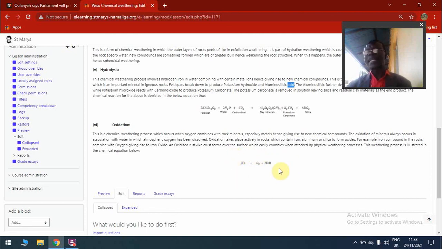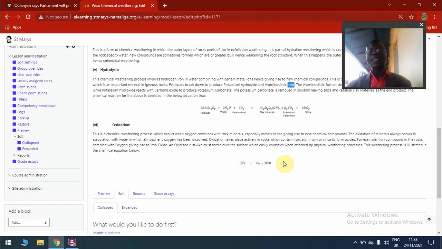And you can know that the rusting has taken place when you see a brownish appearance within the iron or on the iron surface. So in the same way, the rocks which have been affected by the oxidation process appear brownish in color. You will see some brown stuff appearing within the rock or on the rock surface. So you know that this rock has been attacked by the oxidation weathering process.